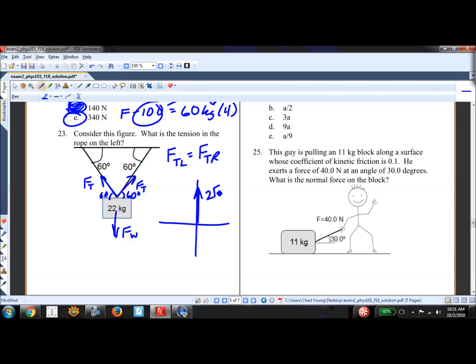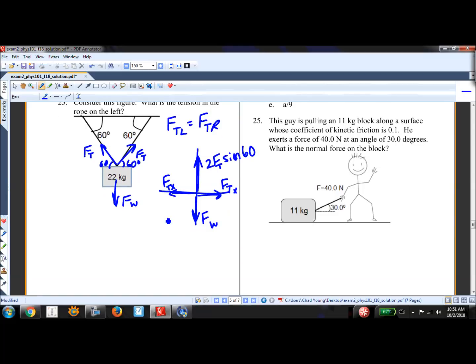2 FT sine of 60, and I get F weight down here, and then I get FTX, but those cancel out, so I'm not even really worried about those.